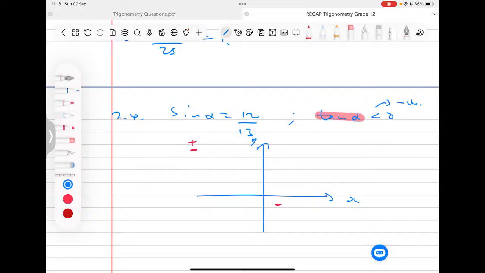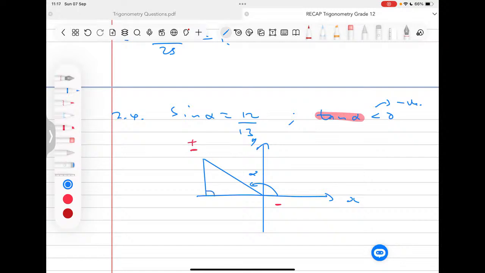So it means my terminal ray has to be drawn in this direction here. And my angle is measured here. So this will be my angle, alpha in this case. We're dealing with an angle alpha there. Now my triangle will then be completed. Maybe this side. I can draw it this side if I like.